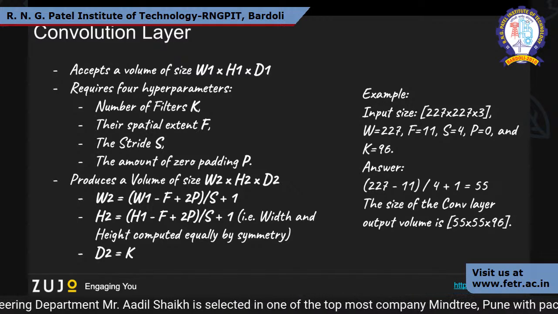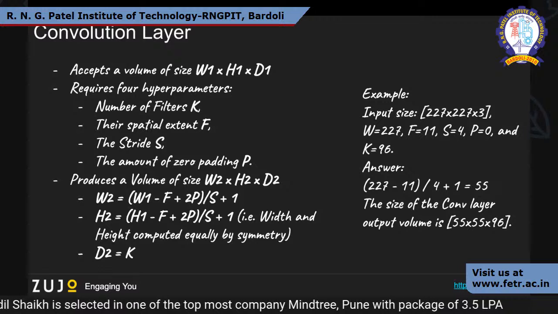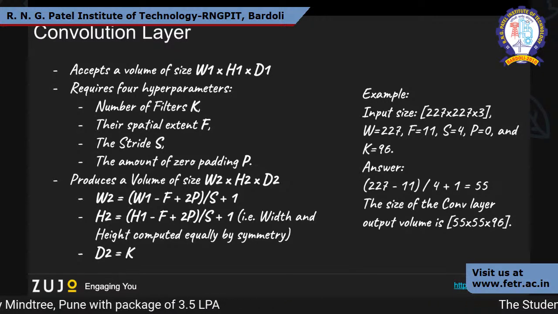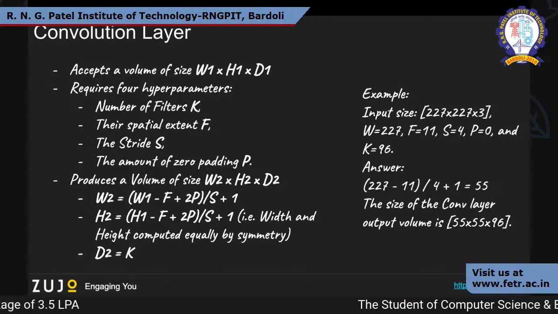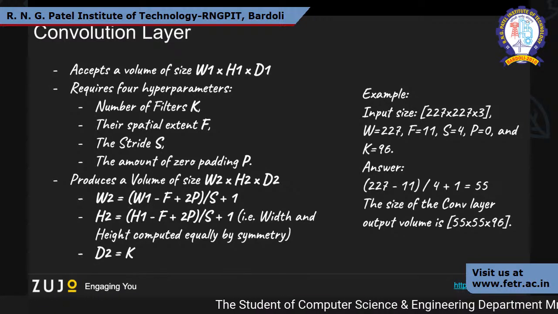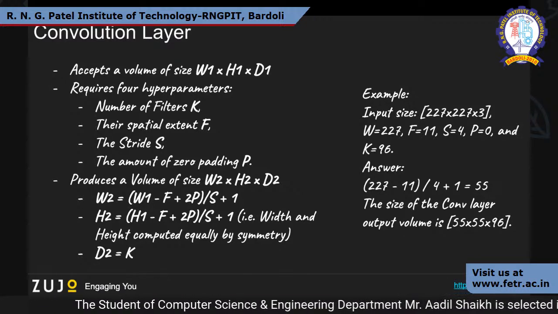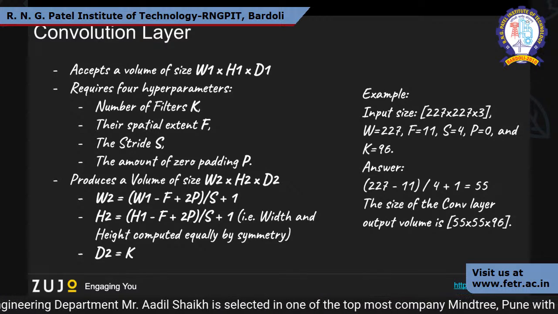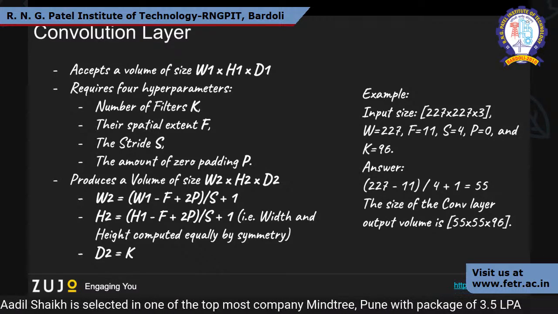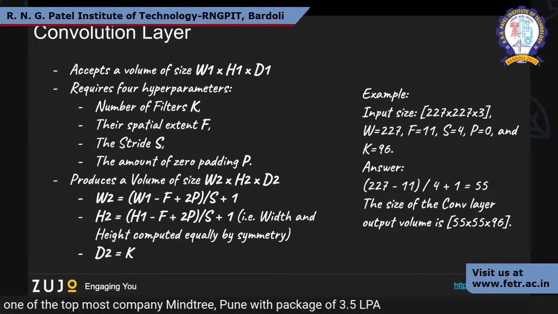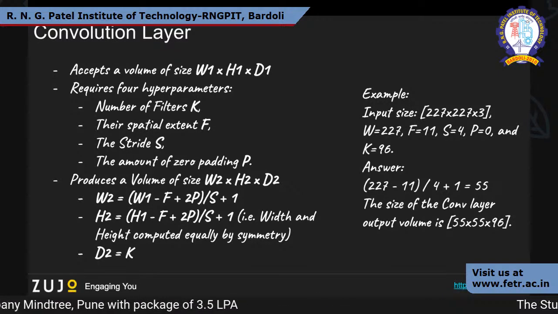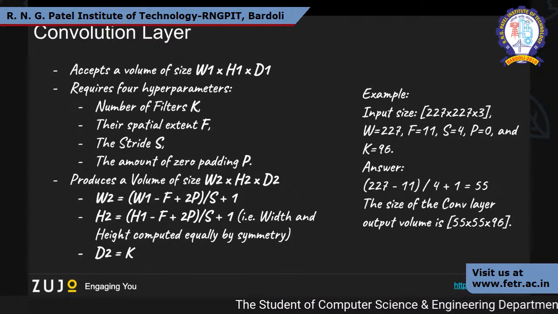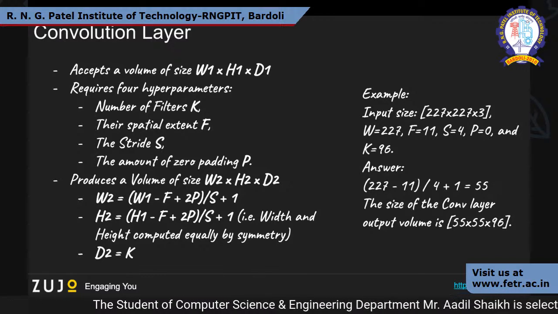So each time our sliding window will move, producing a 96 feature vector, right? Now, as you can see, the answer is 227 minus 11 divided by 4 plus 1, which is equal to 55. So 55 is the size of your convolution output. The output volume would be 55 by 55 by 96. 96 does mean the K filters we took as 96.